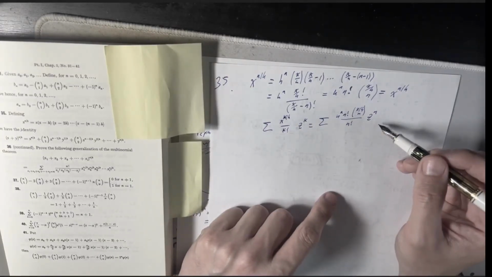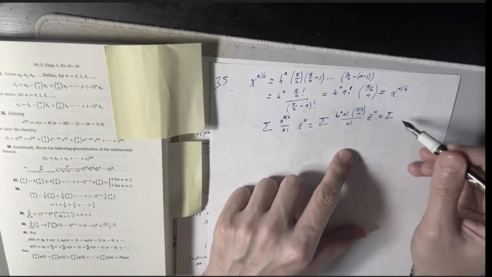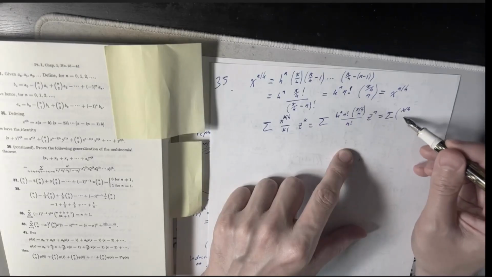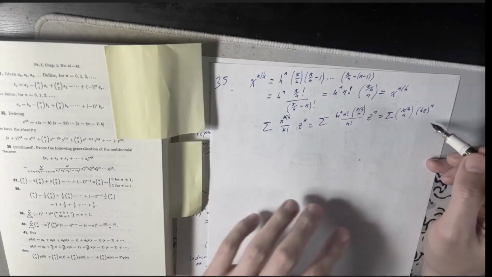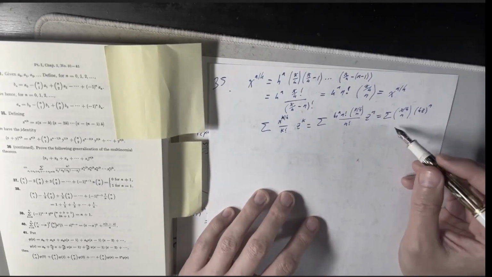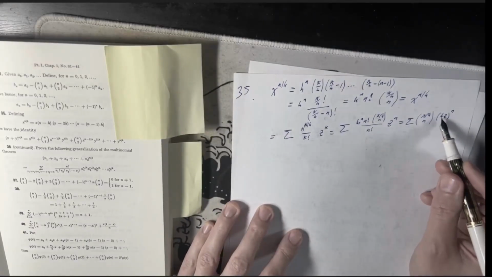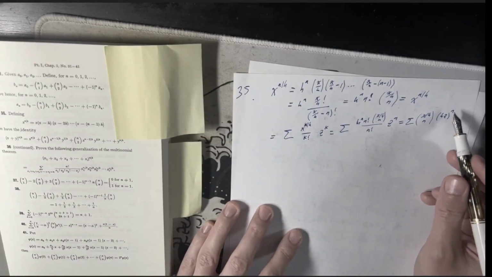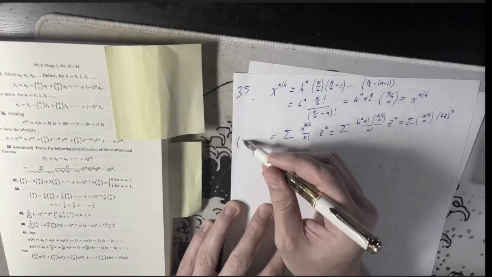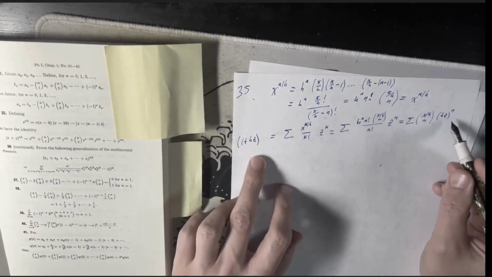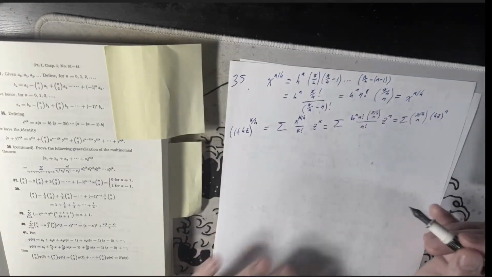The h and the z have the same exponent, of course, these cancel, so you're just getting the old binomial theorem with an argument of hz inside of it. So this is the same as 1 plus hz, not to the n, but to the power x over h is what I meant to say. X divided by h.